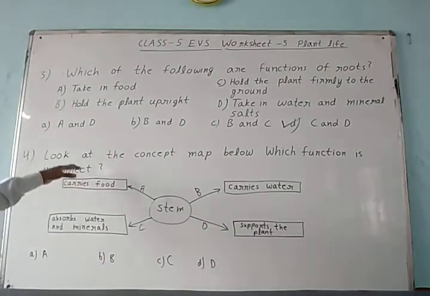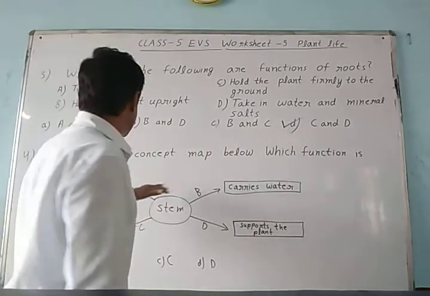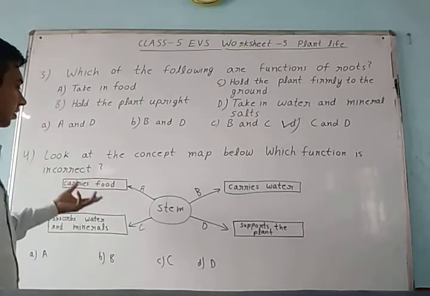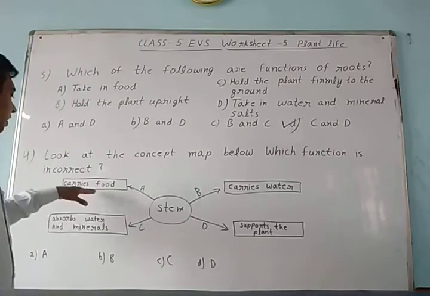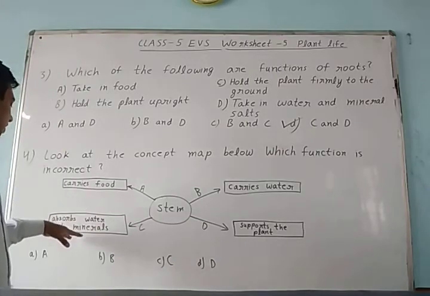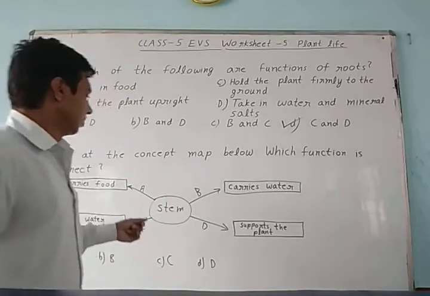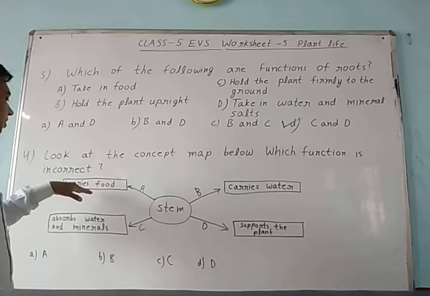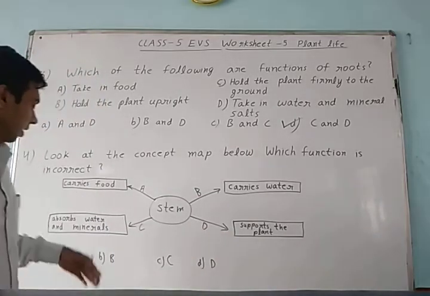Next question. Look at the concept map below. Which function is incorrect? What is the function of the stem? Carries food, absorbs water and minerals, carries water, supports the plant. The function of the stem is that it carries food, carries water, and supports the plant.